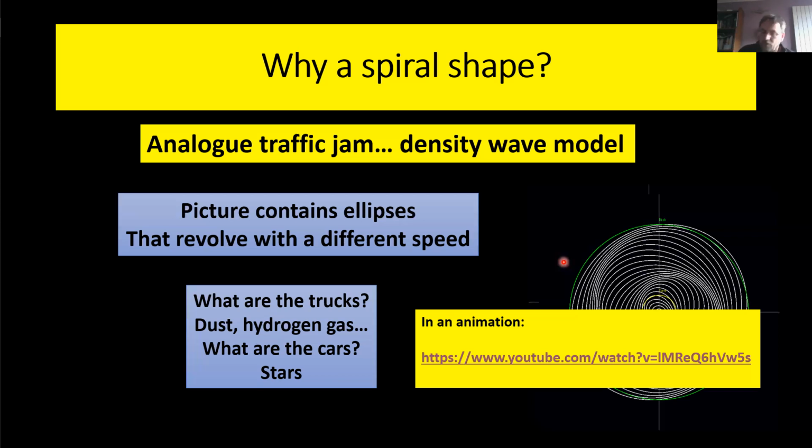Just make a bit of an ellipse and let the stuff on the ellipse keep going around. But then if you look here, what will we see? We get this filament structure.